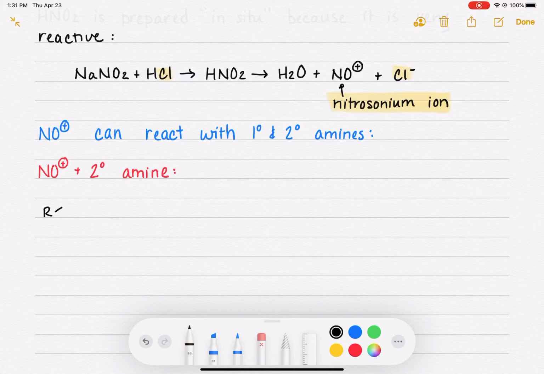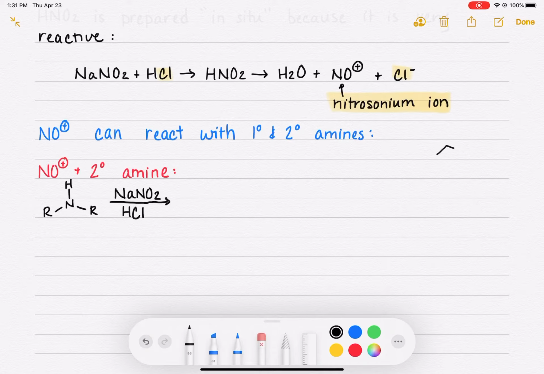I'm going to draw a generic secondary amine. And the way that we will write this is sodium nitrite with HCl. So even though we know that NO+ is the reactive species, we're still going to write the reagents that we use to generate NO+, and that's the same as with the Grignard reaction.